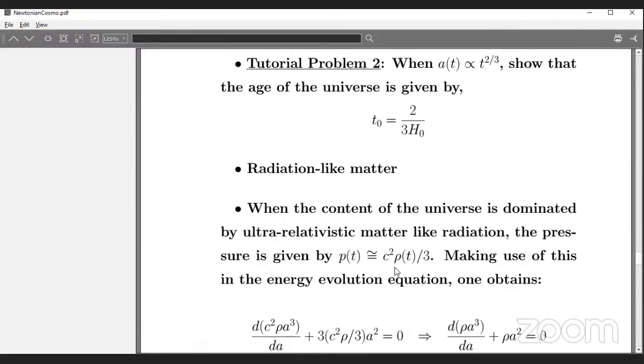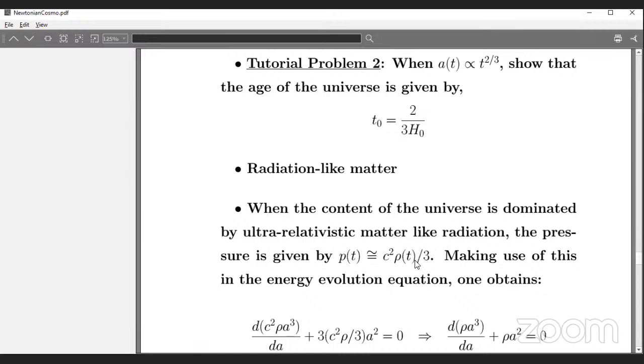If they are randomly moving in different directions, not orderly moving in a particular direction, the average momentum will be 1/3, and therefore the pressure will be 1/3 the energy density. For photons, the pressure for a thermodynamic system of photons is always 1/3 the energy density. And if you take ultra-relativistic matter, then approximately the pressure is the energy density divided by 3.